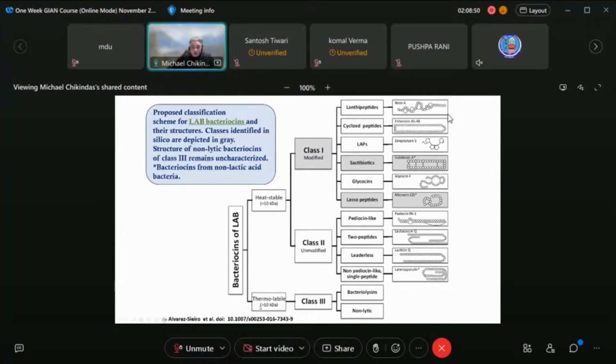And you can see three classes. Modified peptides, with lactocin A, which I love very much, and I'm talking about it a lot. Class 2, unmodified, pediocin, of interest, and I love personally immensely because I worked with it so many years, and I always give examples of these kinds of studies. Two-peptide bacteriocins from lactobacilli.